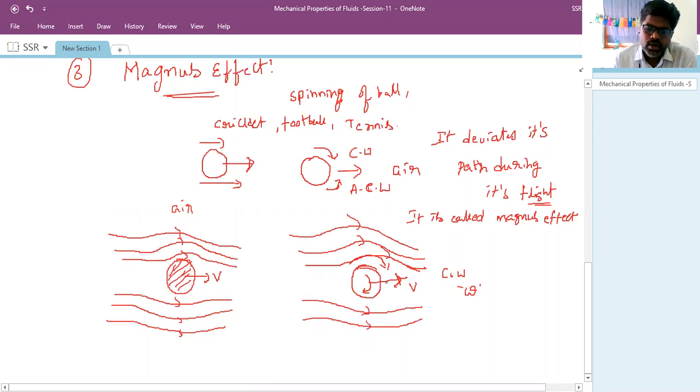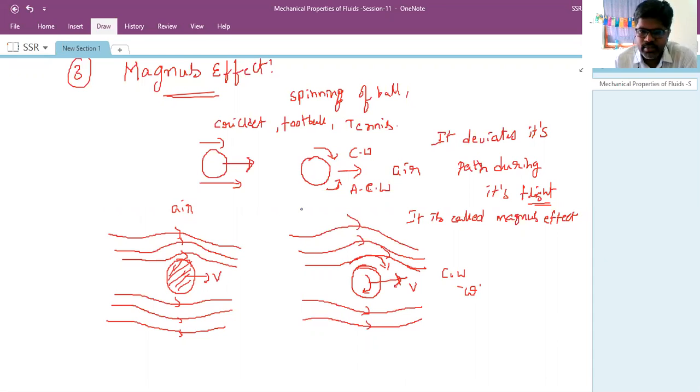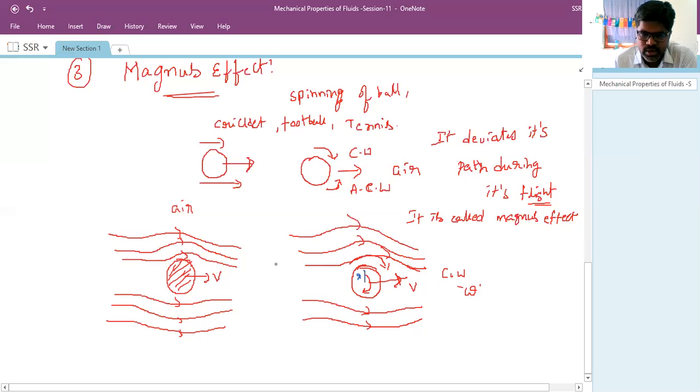Now, while it is spinning, there is an additional speed. Suppose r is the radius of the ball, then r omega. Additional speed v dash is equal to v, the center of mass speed, plus r omega. In rolling motion, we have discussed this.